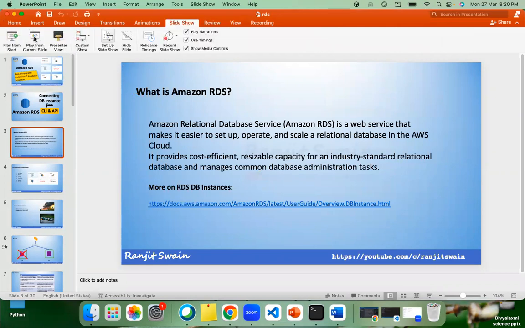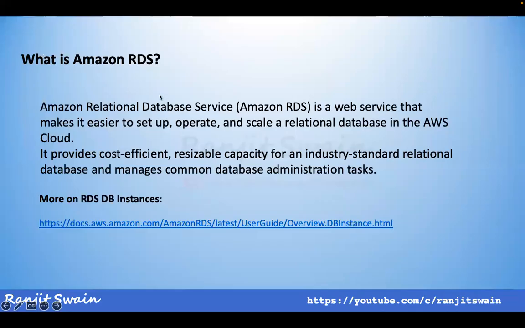Let me make the slide slow. So Amazon Relational Database Service is a web service that makes it easier to set up, operate, and scale a relational database in the AWS cloud, right? As it is a web-based service, we can easily set up the databases whatever is required for our usage, and scale them.